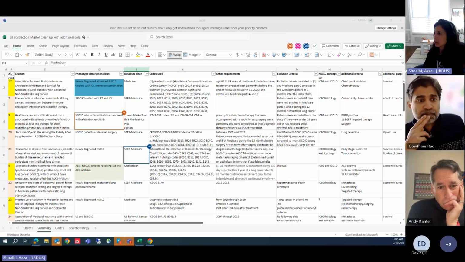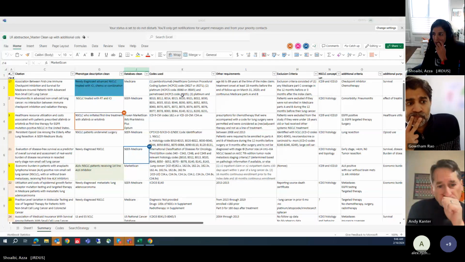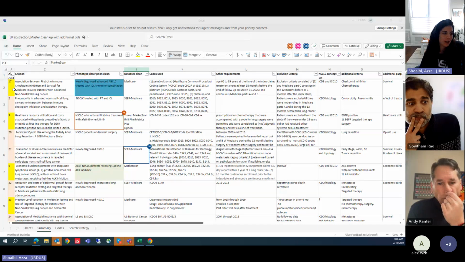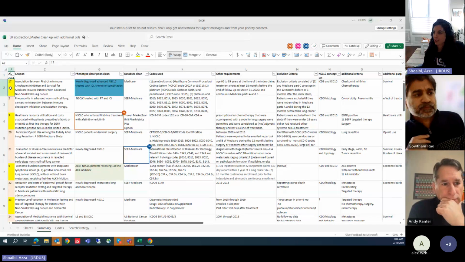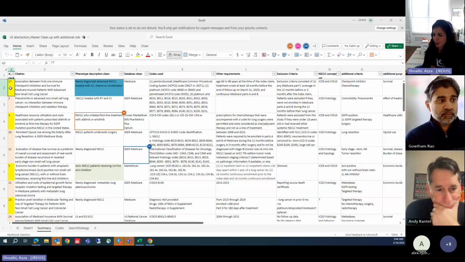Exactly. So this is where we started landing last night. Can you see my screen? Yes. Okay. So one distinction you have to make is the source of data. Unlike other non-oncology phenotypes, the phenotype itself is not very specific to the data source.